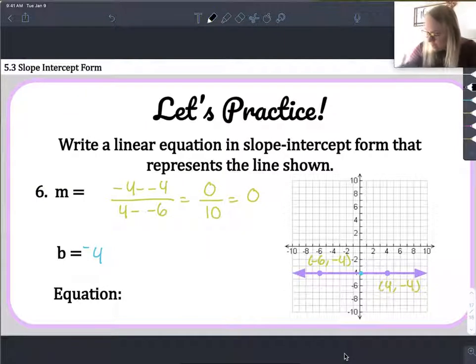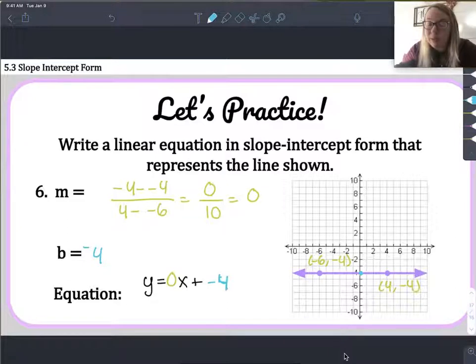So when we go to write this, I've let my students write it either way, but I'm going to tell you which one's the preferred way. The first way is to write it with your slope. We know our slope is 0, and we know that our intercept is -4. I've had students write it like this because they like seeing that the slope is 0.